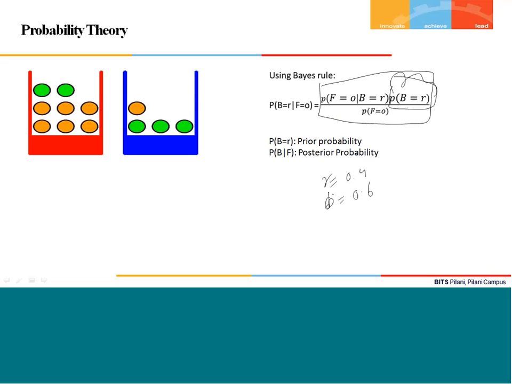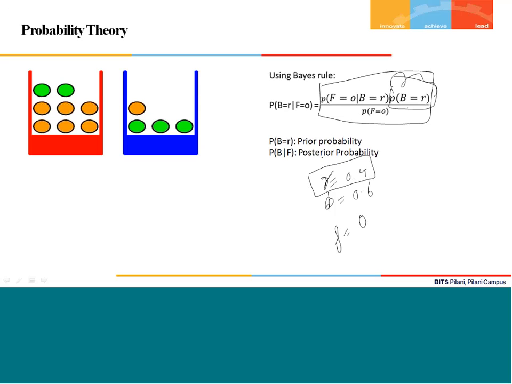But now somebody says that I have just seen that I have a fruit that is orange. Now tell me what could be the probability of a red box. So there is the prior belief that is 0.4. The choosing of the red box is 0.4.